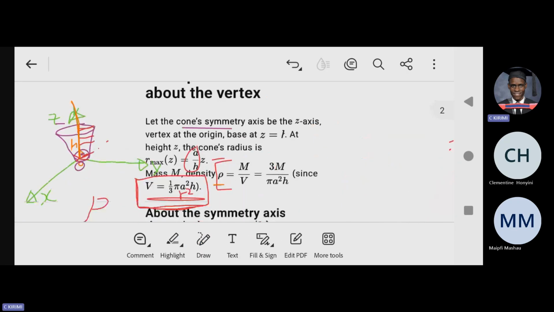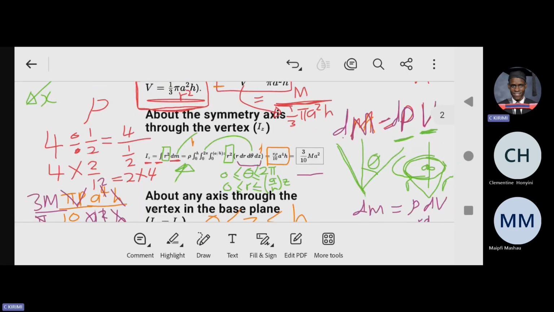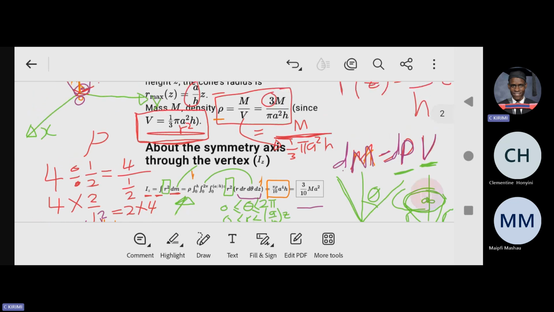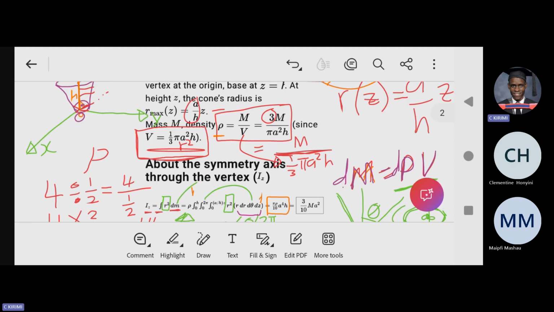So I have shown you how we derived that the moment of inertia about z is 3 over 10 multiplied by m a squared, where we replaced the rho with 3m over pi a squared h.